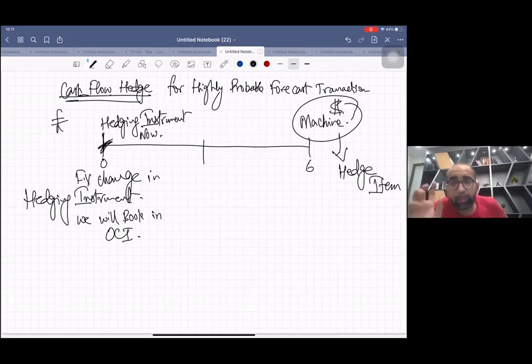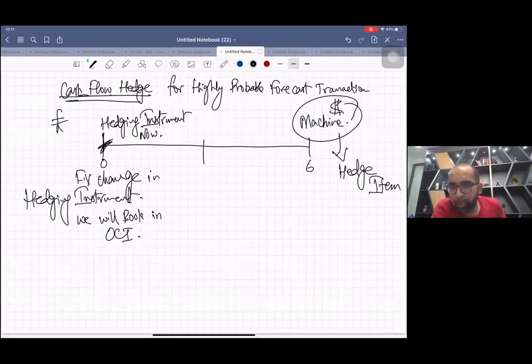Why OCI? Because the purpose of hedge accounting is matching. We have entered in this hedging instrument to protect that hedge item, and that hedge item will come in future. So the day that highly probable forecast transaction will occur, then we'll transfer this OCI into PNL. That's why all the effective portion of fair value change of the hedging instrument will go in OCI now.